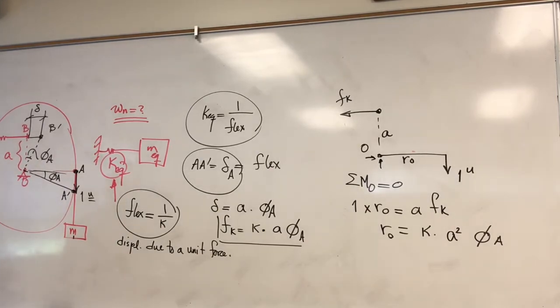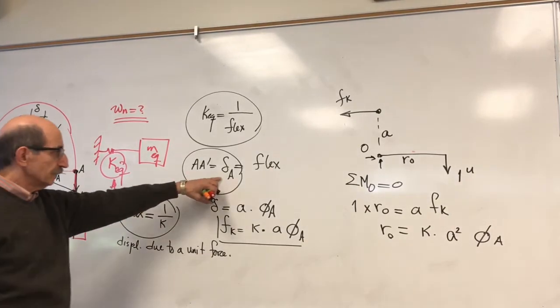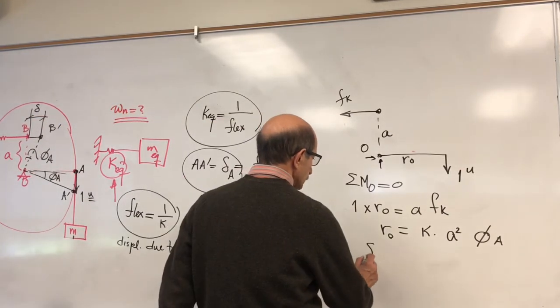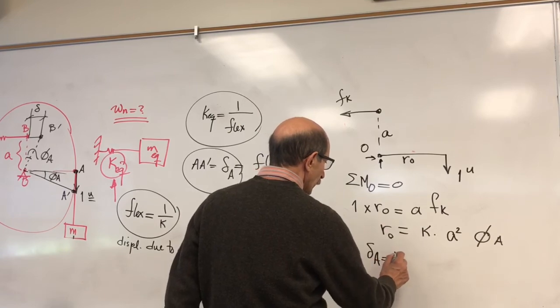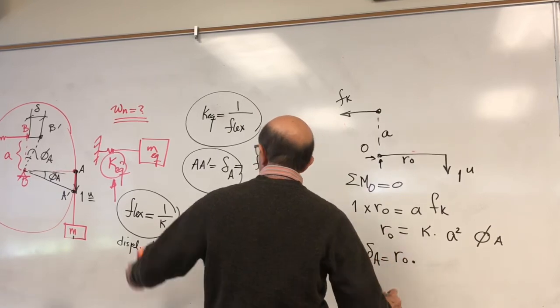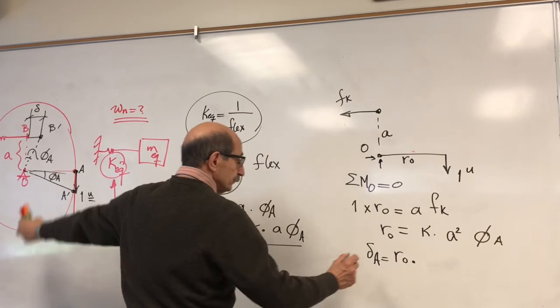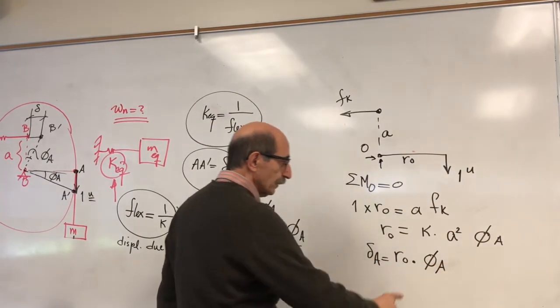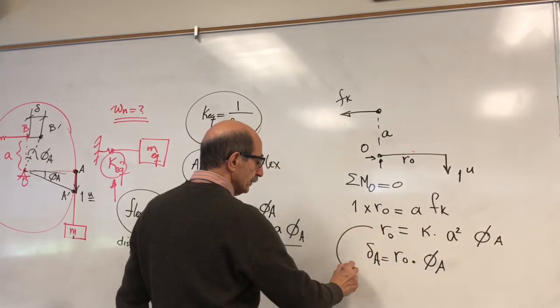But that's not what I want. I want this guy, right? And what is this guy? Delta A is R naught times phi of A, right? What is phi of A from here?